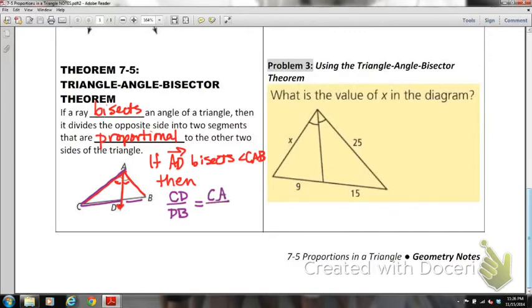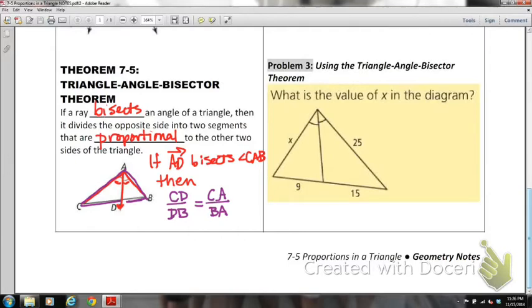I have to put that in the numerator on the right. And then in the denominator, the side that's adjacent to DB, which is BA, has to be put into the denominator on the right side.